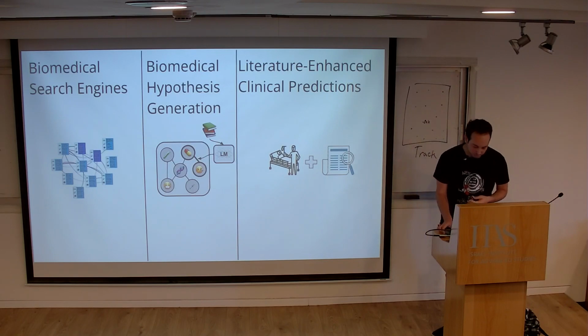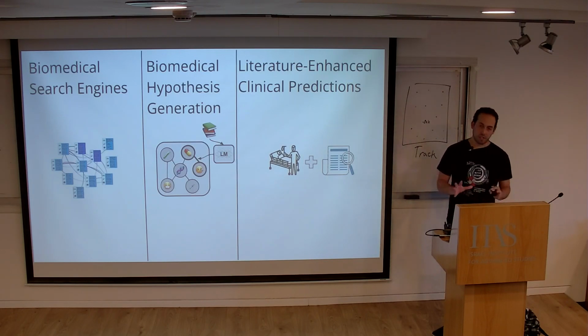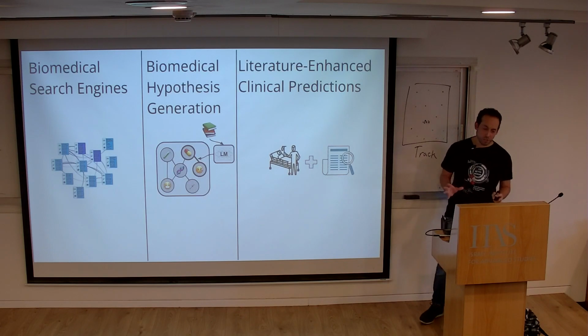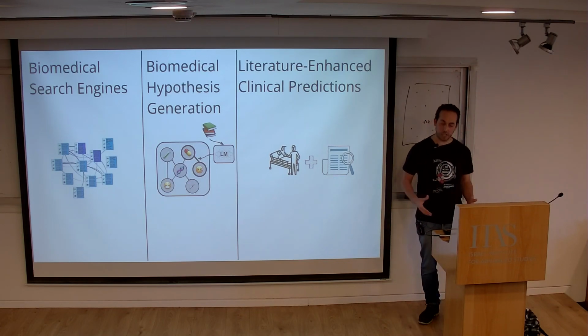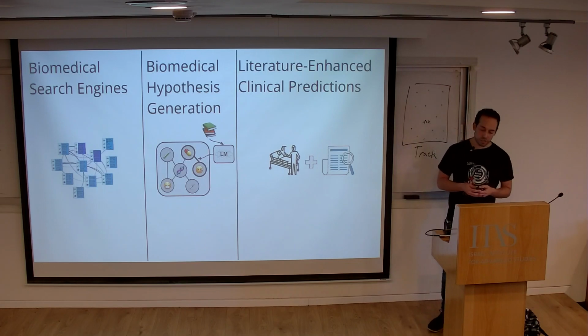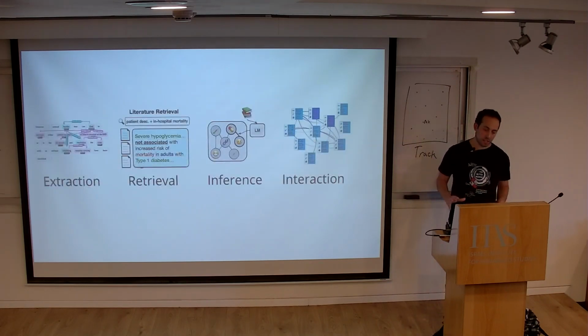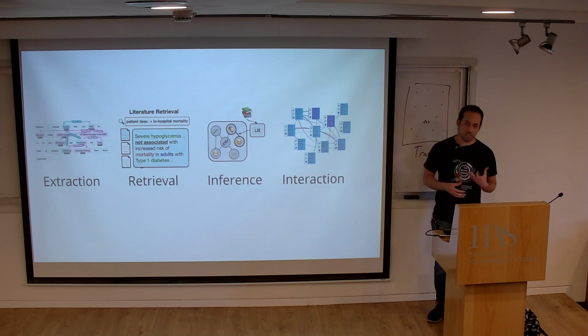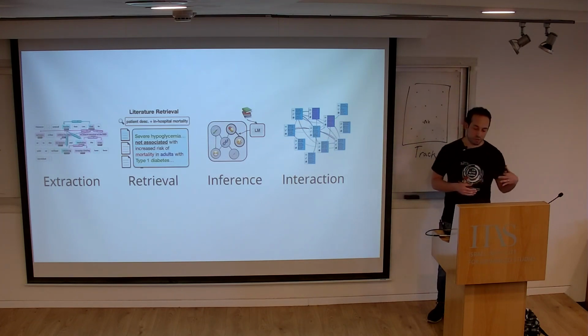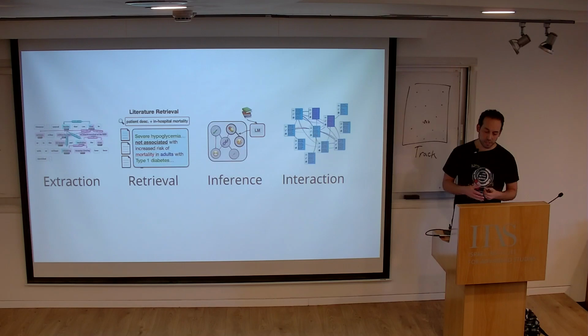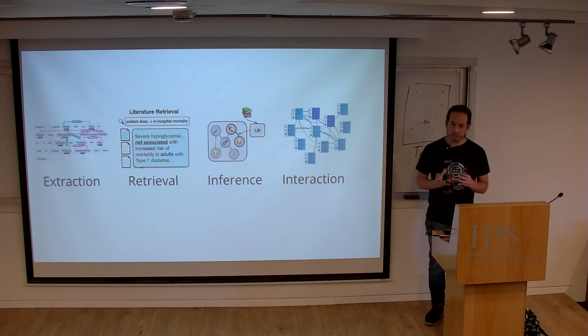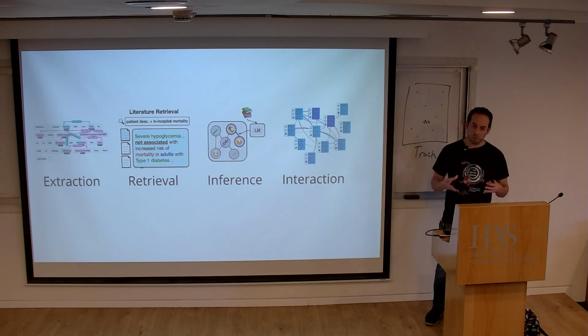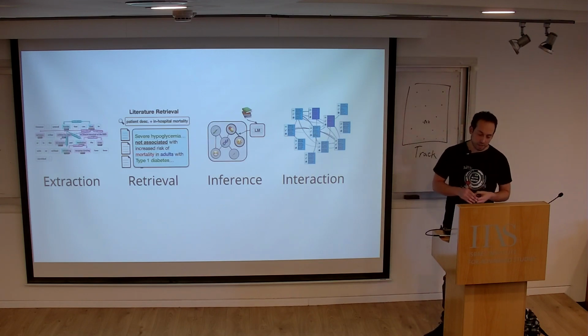Okay, so to conclude, I presented today some of our work on biomedical search engines, on hypothesis generation, and on using the literature for making clinical predictions on patients. Tying this into the more general themes and long-standing problems that need to be explored: extracting structured knowledge, retrieving information, using retrieved information for inference and reasoning, and how we make all this accessible in human-friendly visual and interactive systems.